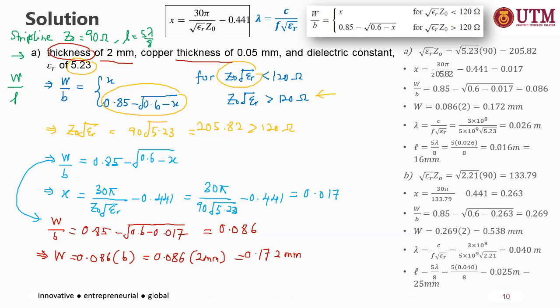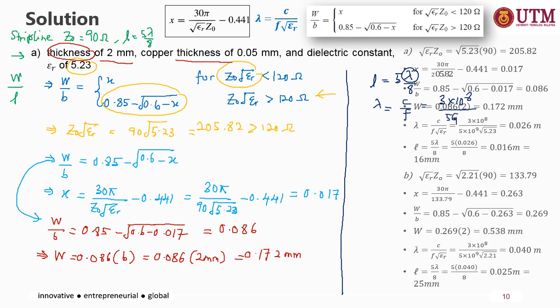Next you have the W. How about the L? The L given from the question is 5 lambda over 8, but what will be the actual value? So what is your lambda? Lambda equal to C over F, where C is the speed of light, divided by your F given just now, 5 gigahertz.